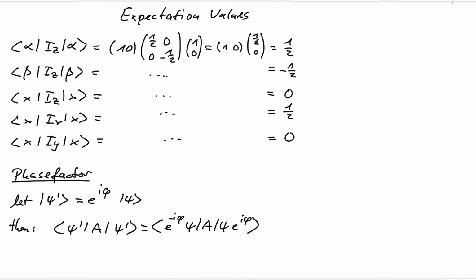Because these are just scalars, we can put them outside of the bracket notation. So we have e to the minus i phi times e to the i phi times the expectation value psi A psi, and e to the minus i phi times e to the i phi simply results in 1. Because of that, we can state that every eigenfunction is only defined within an arbitrary phase factor e to the i phi. And this, we will see, is not without problems.